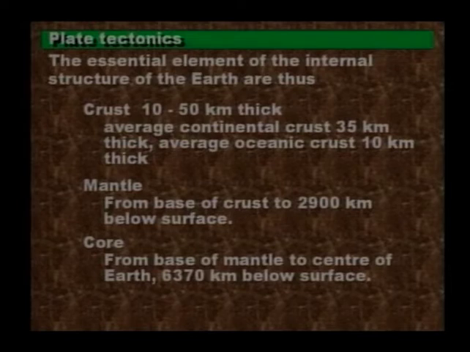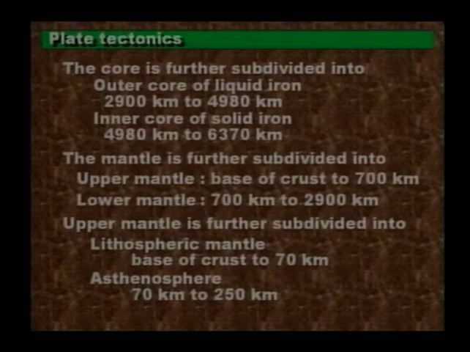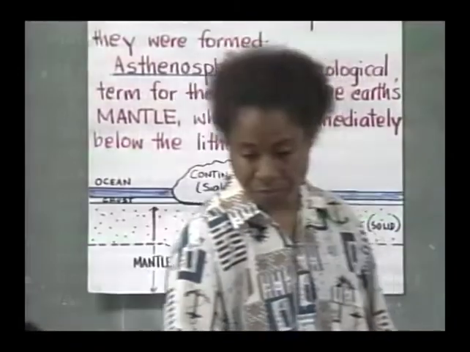The mantle, from the base of the crust to about 2,900 kilometers below the surface, and the core, from the base of the mantle to the center of the Earth at 6,370 kilometers below the surface. Again, all this information we've already looked at on the characteristics.